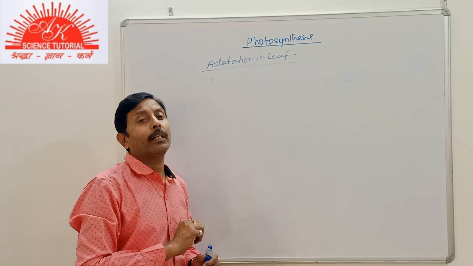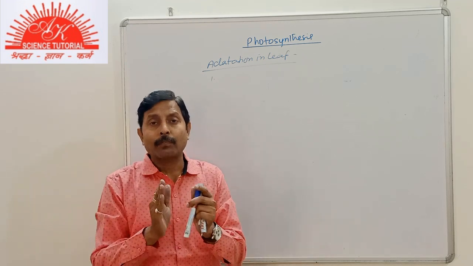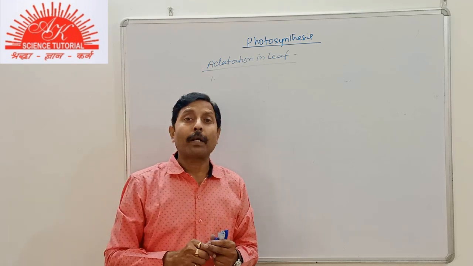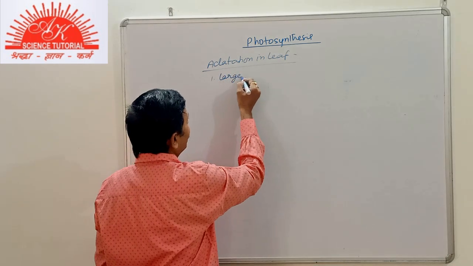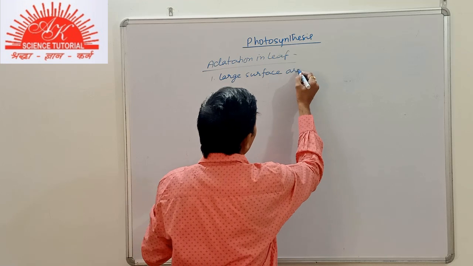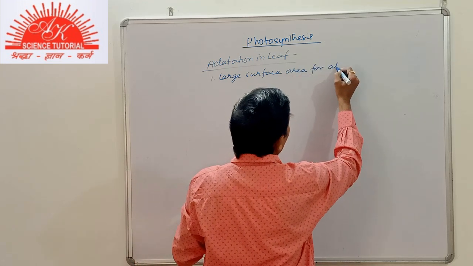Although in some xerophytes or some plants, the surface area of the leaf is reduced in order to reduce transpiration. So, large surface area for absorption of sunlight.